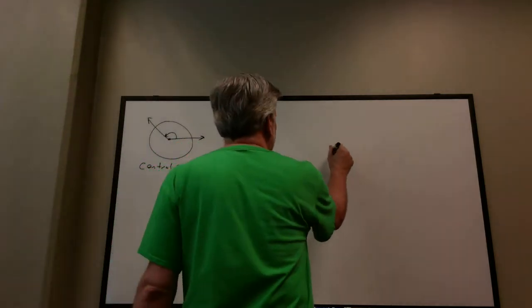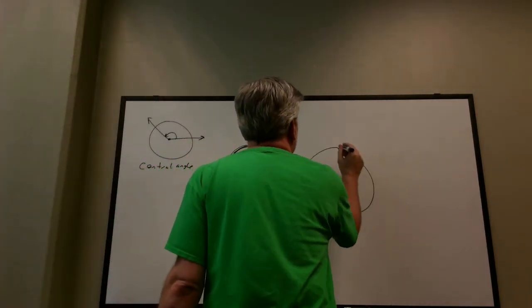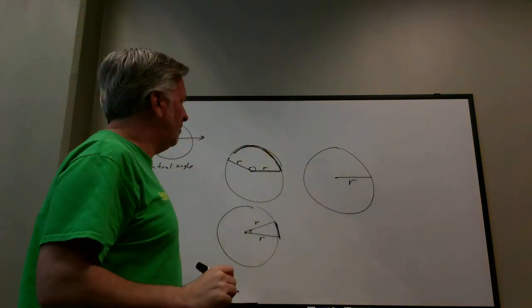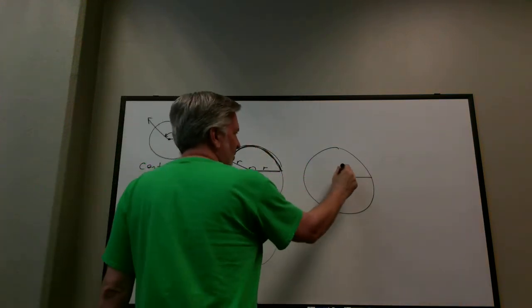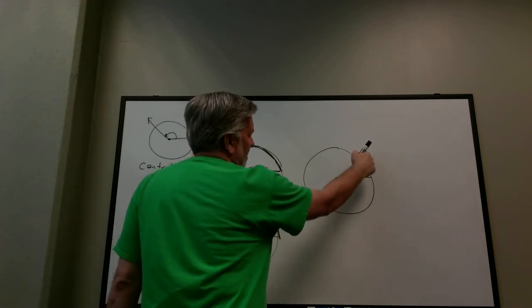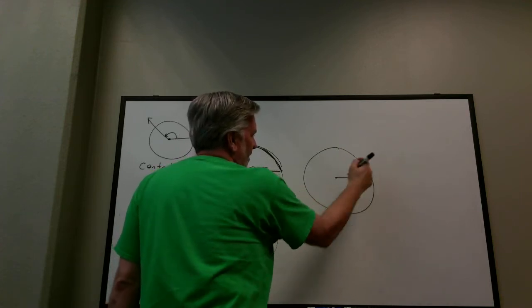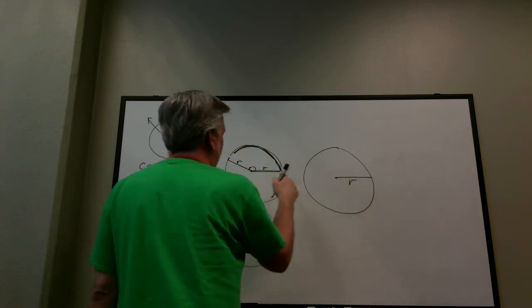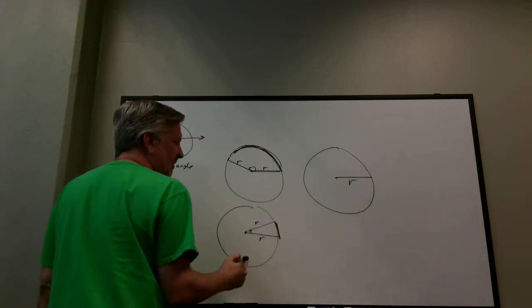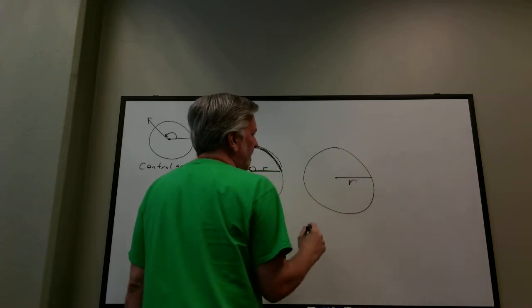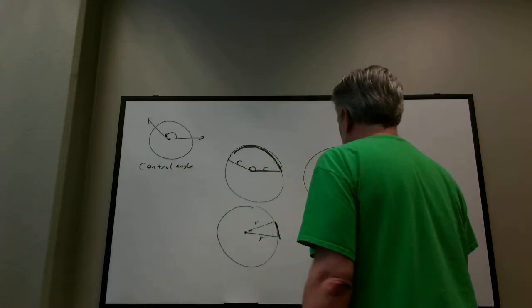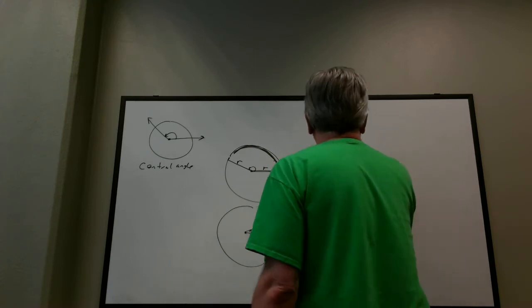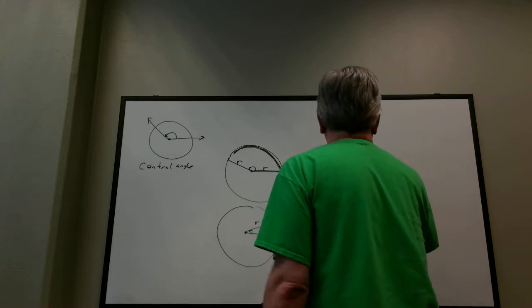So that's the picture I want to try to draw. Try to draw it the same in your notes too. So here's a circle of radius r, and I want to draw a central angle such that the length of the arc intercepted by the central angle has the same length as r. This was bigger than r, this was less than r. So there has to be a place in between where the length of the arc intercepted is equal to r.